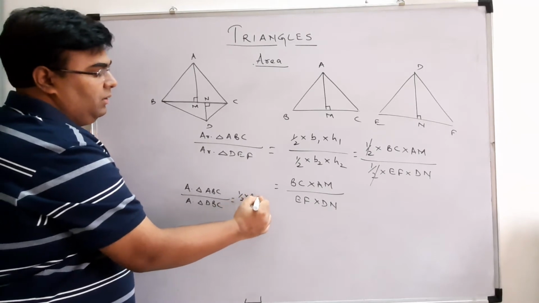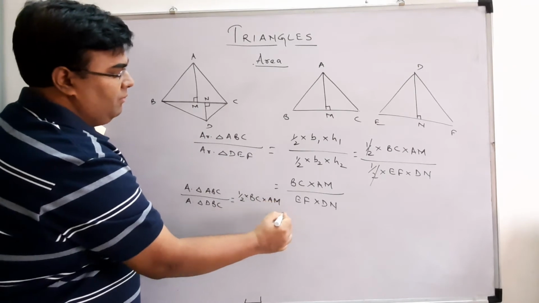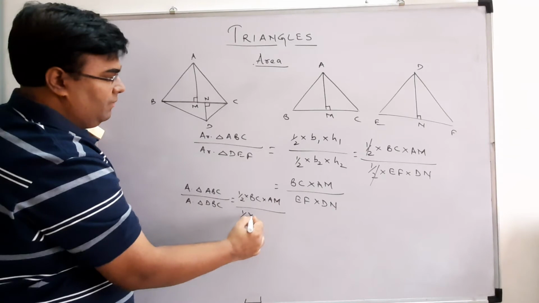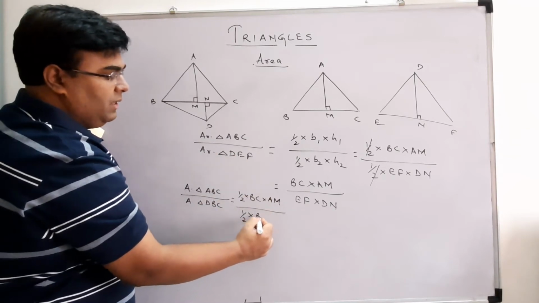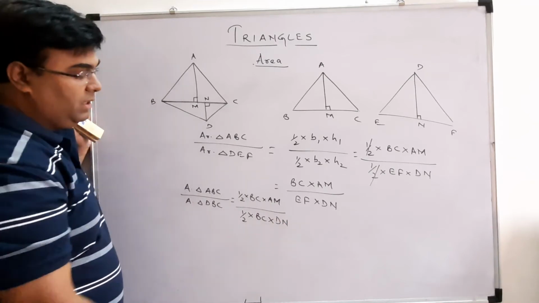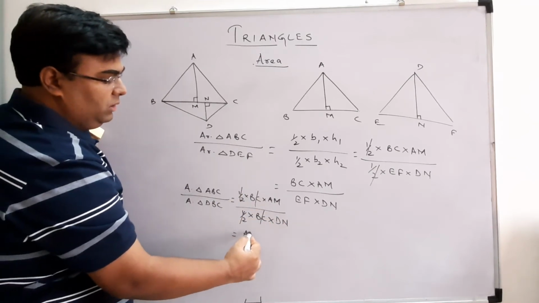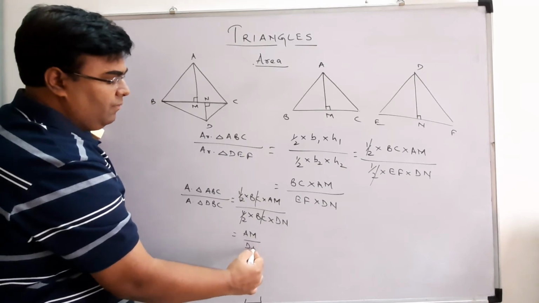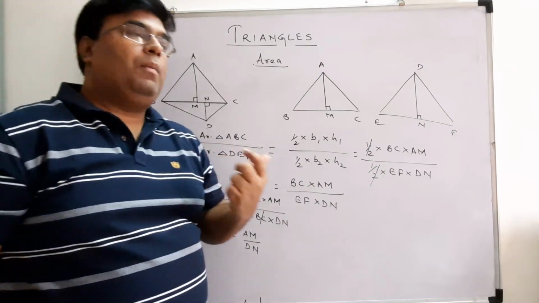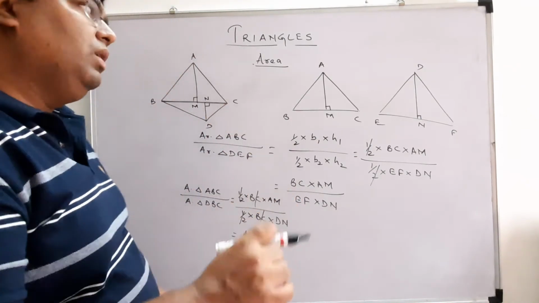I am taking the common base, the height will be AM for this triangle, and for DBC it will be half, again taking the same base, and the height. This half cancels and BC also cancels. It will be what? Just the ratio of heights. So if two triangles have a common base and the perpendiculars are given according to that base only.